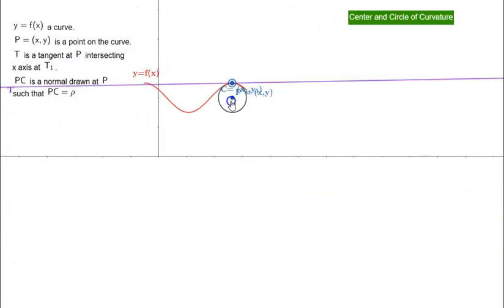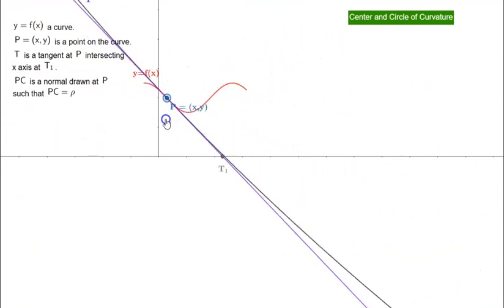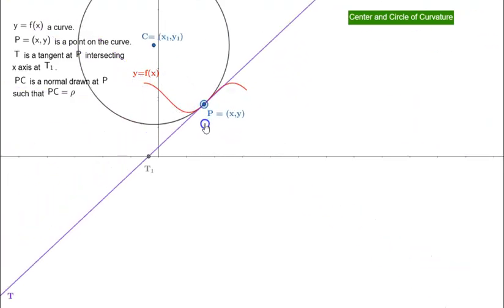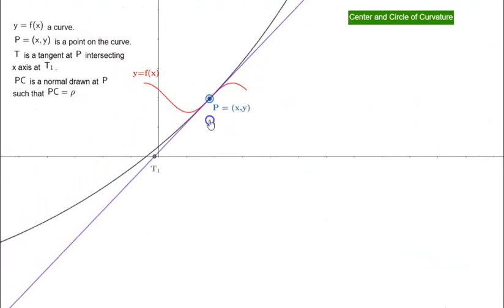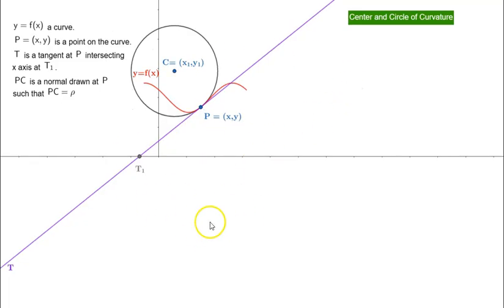See, it is always hugging the curve. So the curve and the circle have the same tangent at P. What we have to do in this session is to figure out the coordinates of C and the equation of the circle.